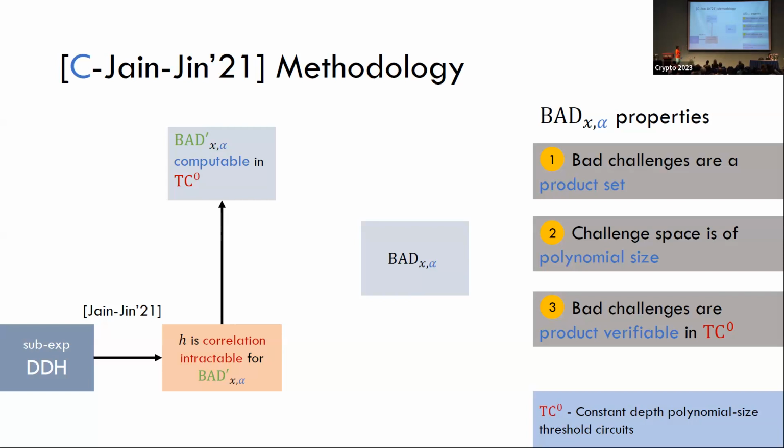So they get correlation intractability for bad sets that are computable in TC0. Remember, I said verifiable in TC0 is something that we had. This is computable in TC0, meaning that if the bad set just has a single element, you can actually find this element in TC0, not just verify it. So the main question then remains, how do you get from correlation intractability of this computable set to correlation intractability of the set that you really care about?